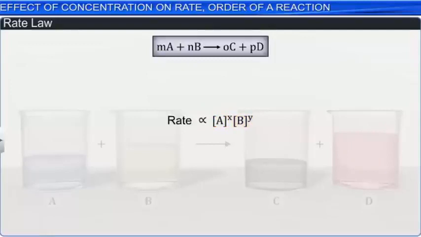By replacing the proportionality with proportionality constant K, the equation can be written as shown. The K in this equation represents the rate constant.